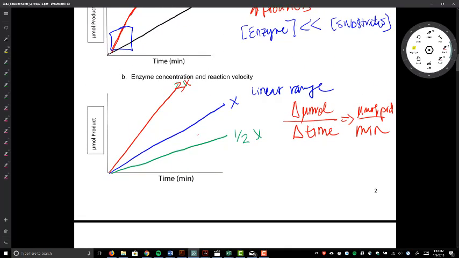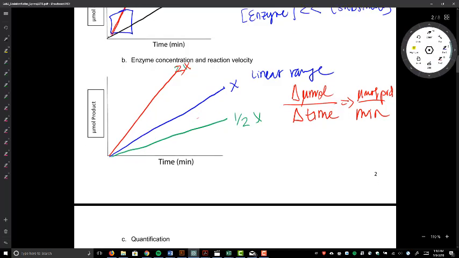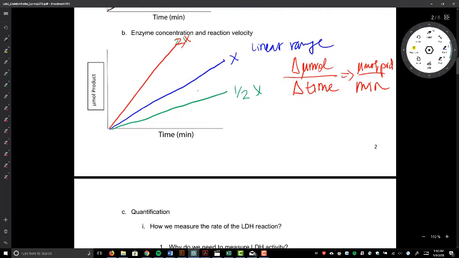So that's all fine and good, but practically speaking, how are we going to measure the LDH reaction? Because what you're going to get during this lab is a solution of LDH that has been taken from a cow heart. It's not just LDH, it's LDH and a bunch of proteins.